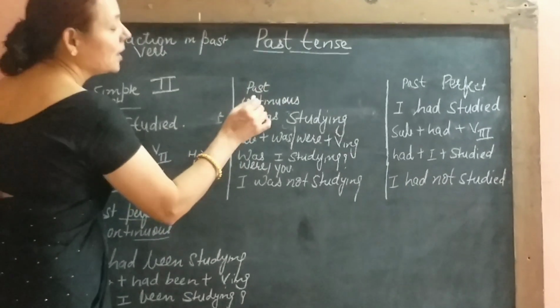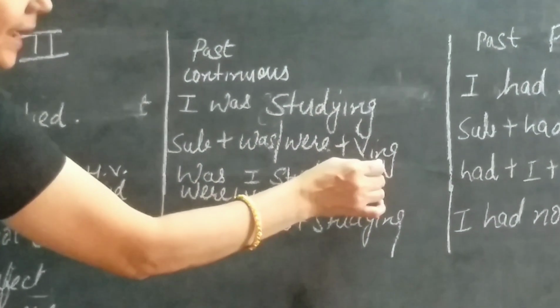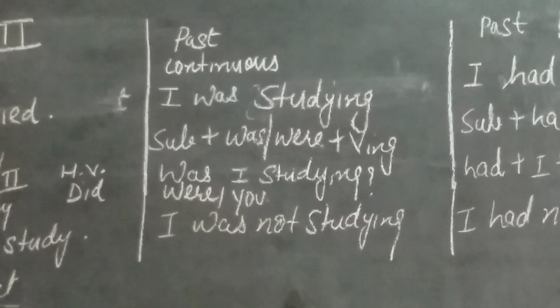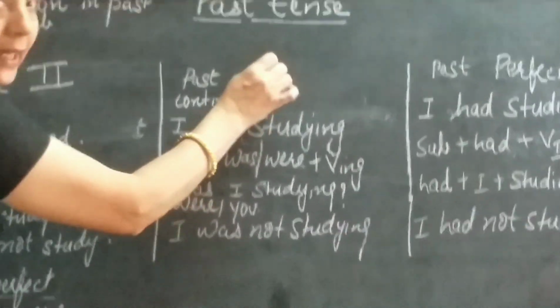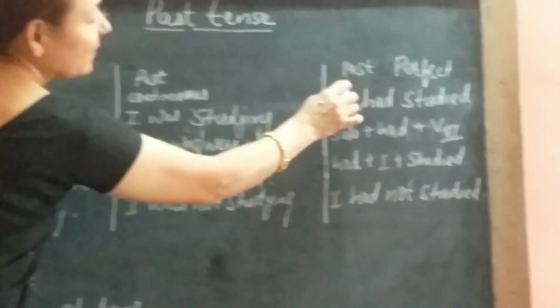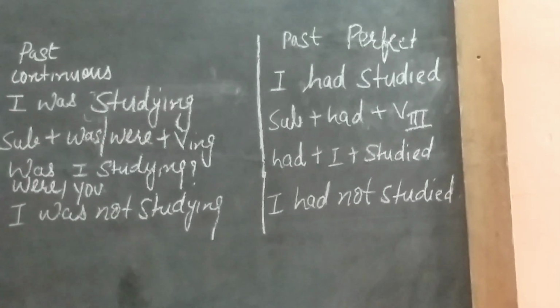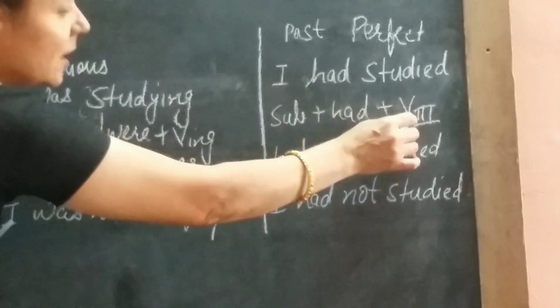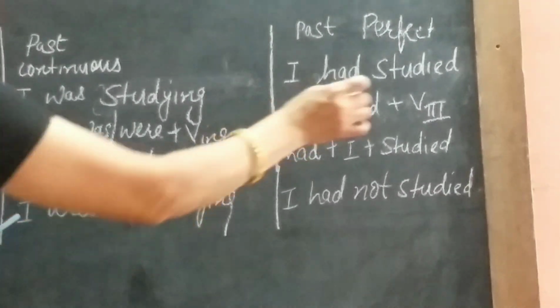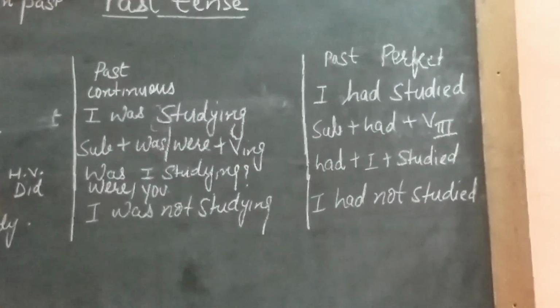Past continuous, your verb will have the ing form. Remember, ing is put only on the first form of the verb, like writing, playing, dancing, listening, and so on. Past perfect, earlier also I told you, in the perfect we use the third form of the verb or the past participle. Okay, the third form of the verb will come over here.